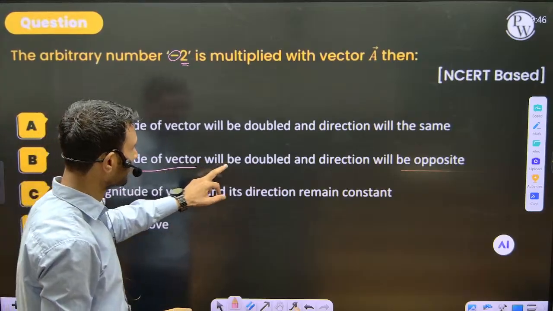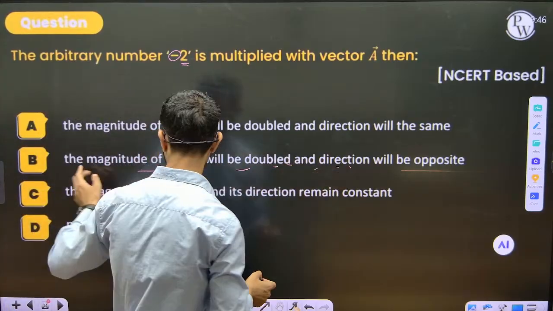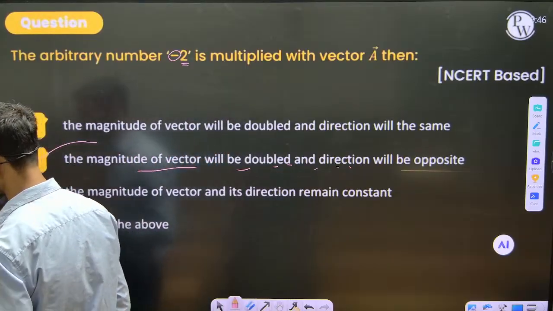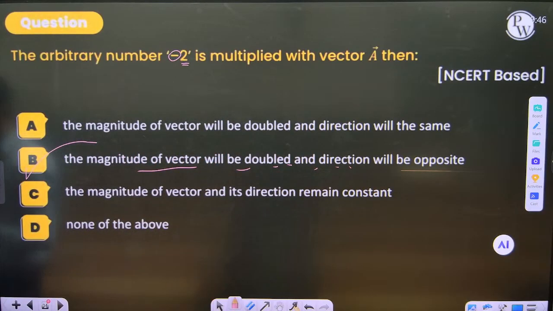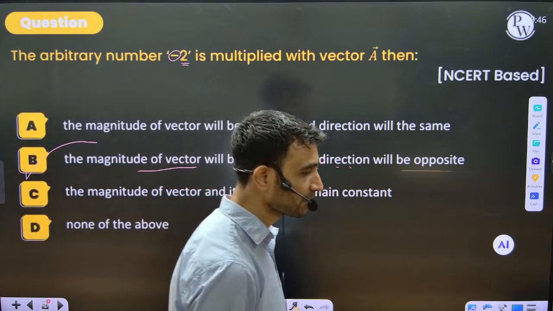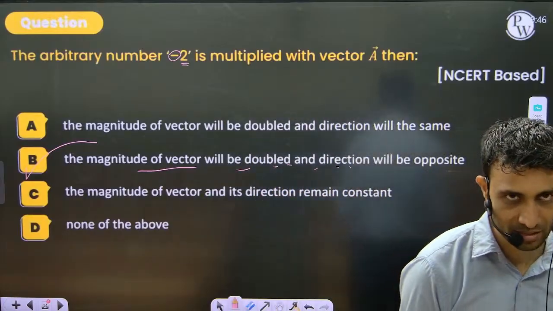So the magnitude of the vector will be double and the direction will be opposite. That's absolutely correct. So this is straightforward. You multiply with minus 2, minus will change the direction, meaning it will make it opposite, and 2 times means it will make it double the size, right?